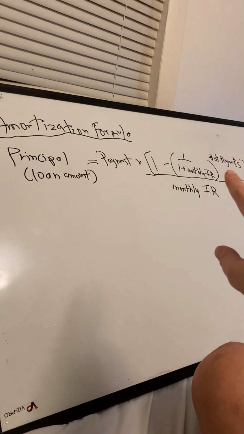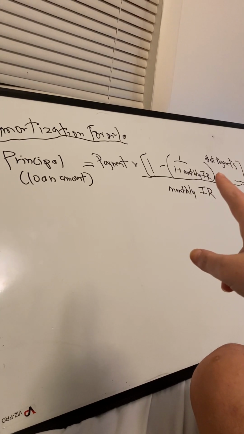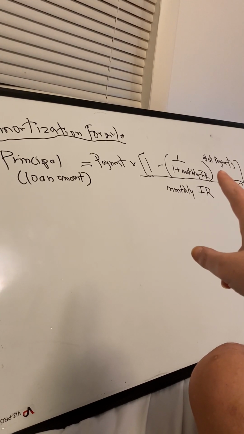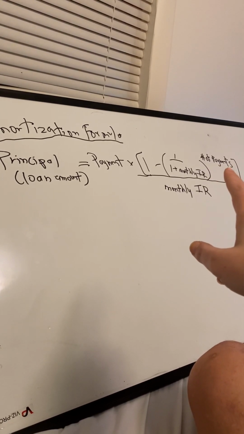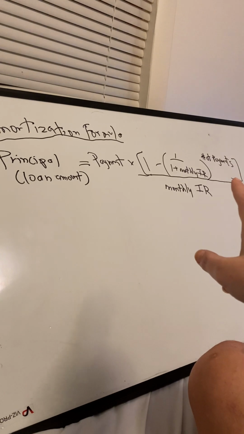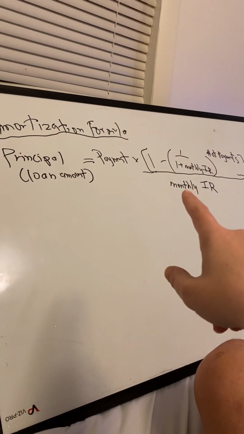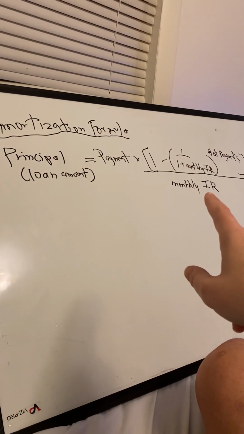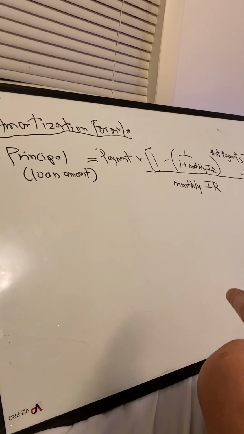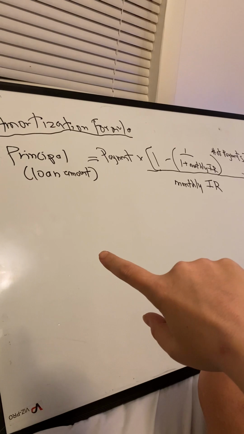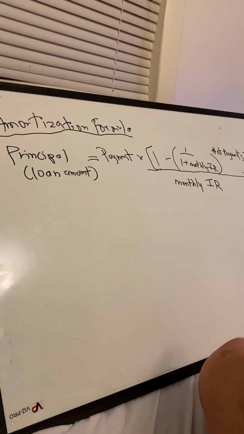The number of payments, if it's like a 30-year loan, we're going to be making payments every month. So we'd be multiplying 30 times 12, and I'll introduce a simple formula for that. The monthly interest rate, we've only been working with yearly interest rates, but I'm going to show you how to get a monthly interest rate from a yearly interest rate.